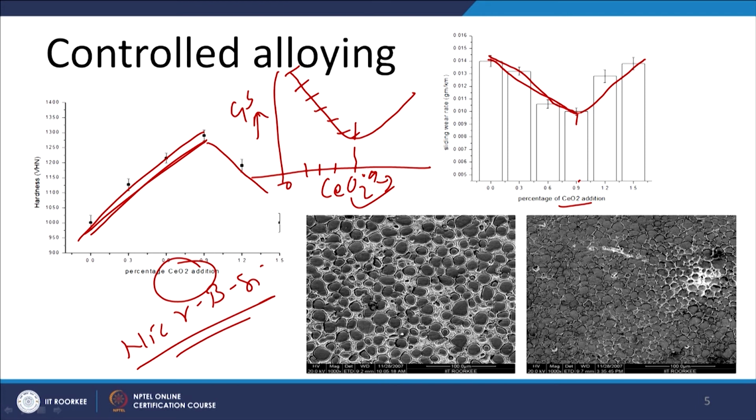The trend of the wear rate is reversed with further addition. So, there is an optimum value of ceria addition for refining the grain structure, enhancing the hardness as well as reducing the wear.